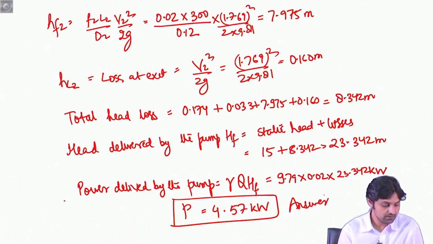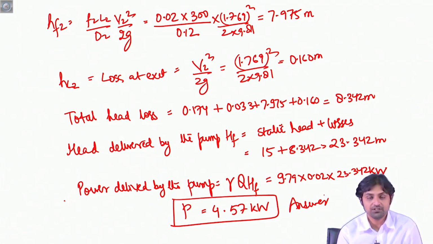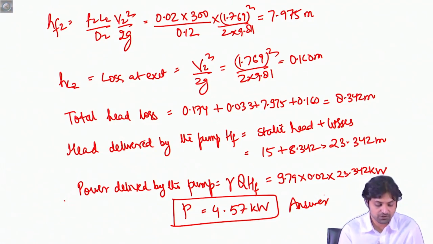Now we also have to find the pressure at the suction side of the pump. For that we are going to use Bernoulli's equation, also taking the head loss into account.